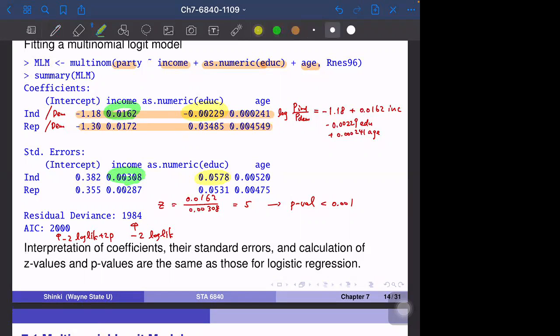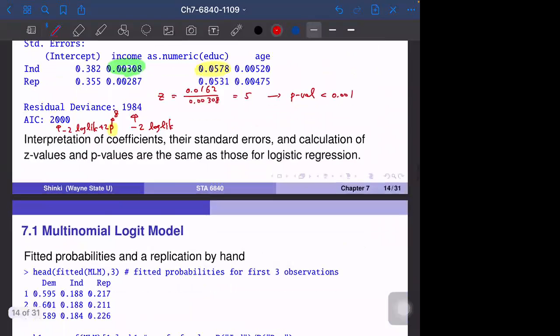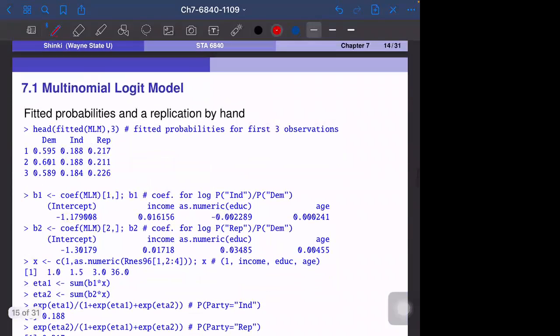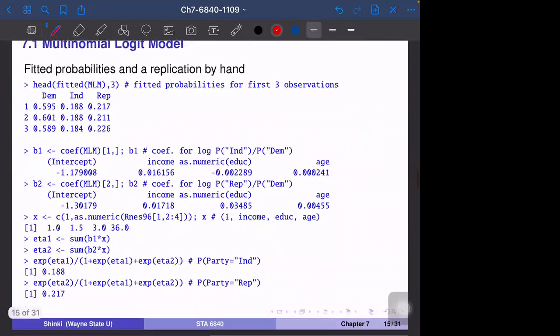The number of parameters is actually 8, right? We have 2 by 4, so 8 parameters. So that becomes 2000. This is how to read the result.